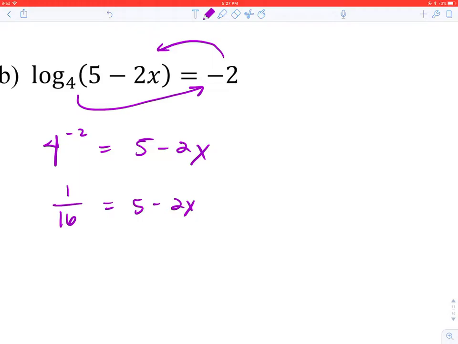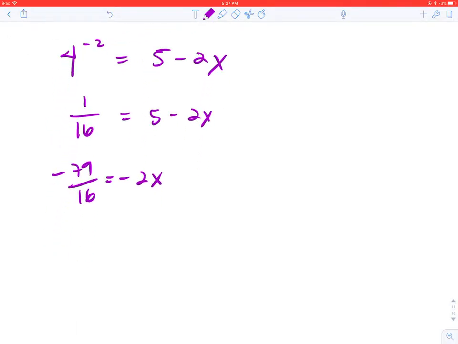If I subtract 5, I'm going to get negative 79/16 equals negative 2x. And if I multiply by negative 1/2 on each side of the equation, I'm going to end up with x equal to 79/32.